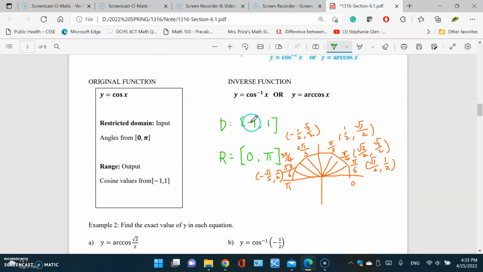So the domain of the inverse cosine is between negative 1 and 1, and the range of the inverse cosine is between 0 and pi. The way we find the inverse of the cosine function, we only take quadrant 1 and quadrant 2, so they rotate back and forth between 0 and pi.